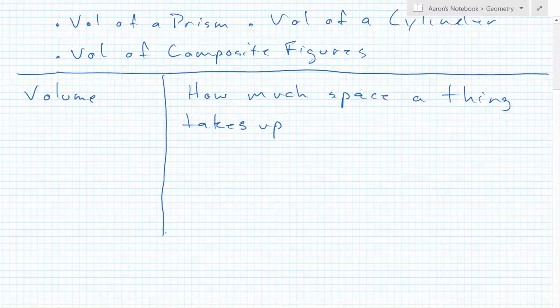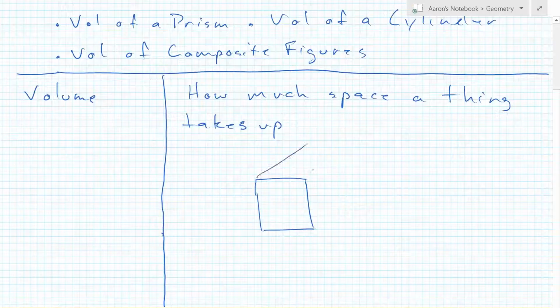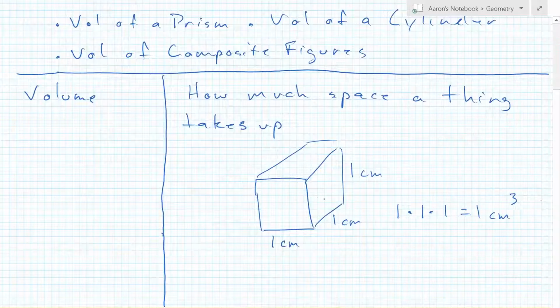So for example, if we had a cube that was 1 centimeter by 1 centimeter by 1 centimeter, we would just multiply all of these together and get 1 centimeter cubed. And that means this box takes up 1 cubic centimeter of space. Pretty straightforward.